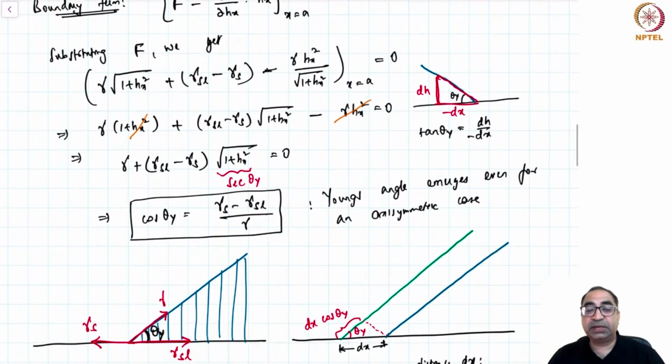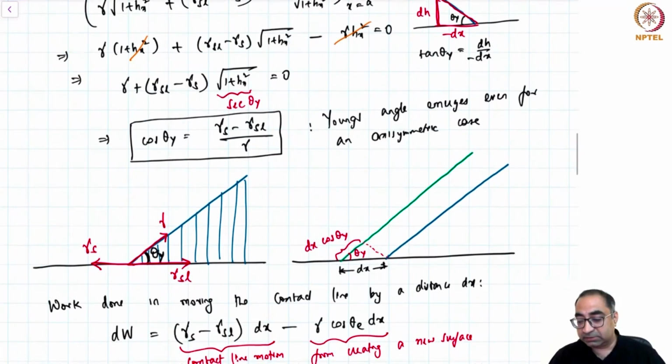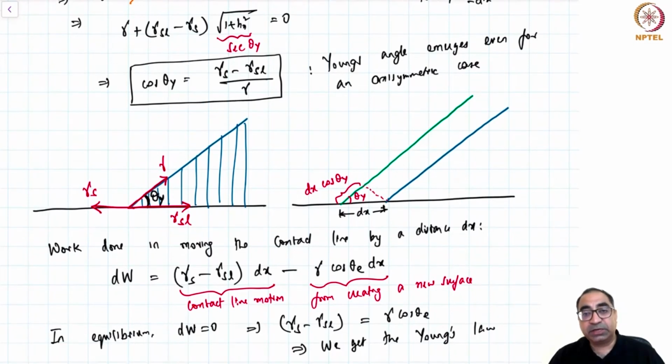We also obtained the Young's angle by taking a slightly different approach, which is just taking an interface and moving it by a small amount dx and asking what is the work done for this movement. We have to only consider the changes in the energy that result because of moving the contact line. Either the movement could be to the left or right, that does not really matter. And when we set this quantity dW to 0, then again the Young's law emerges.